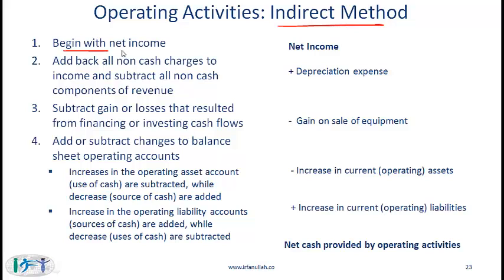Here we begin with the net income, and this comes obviously straight from the income statement. Then we add back all non-cash charges to income and subtract all non-cash components of revenue. The classic example here would be depreciation for non-cash charges.